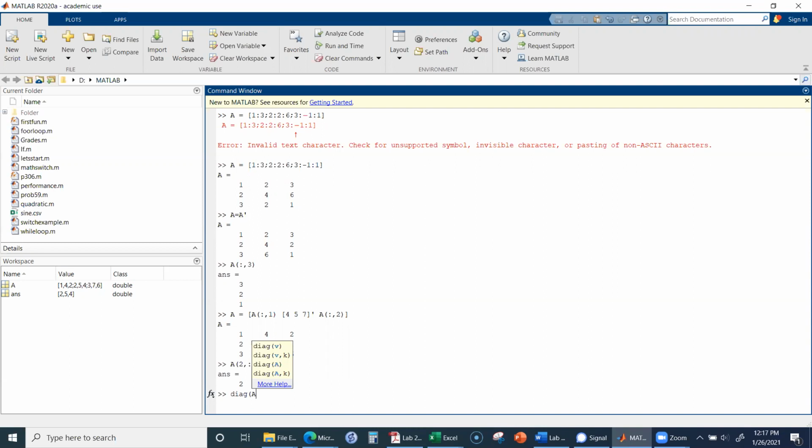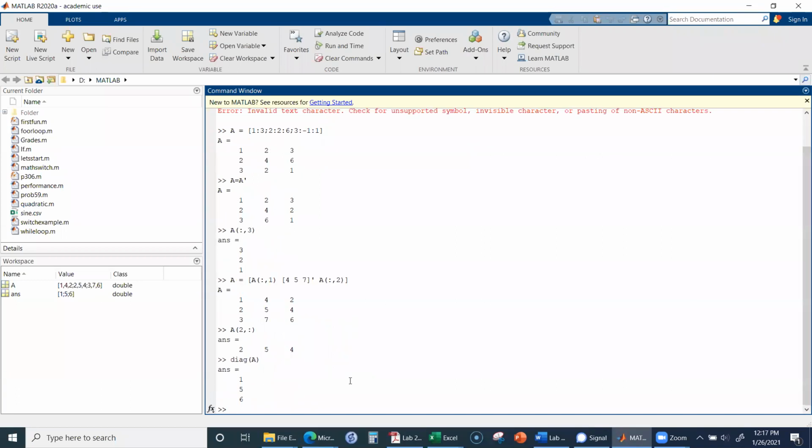So I can put diagonal of A in parentheses. If I want a matrix of the diagonal elements of A, I should get an answer of 1, 5, and 6. So diagonal of A, I enter it, and then I get a column matrix of 1, 5, and 6.